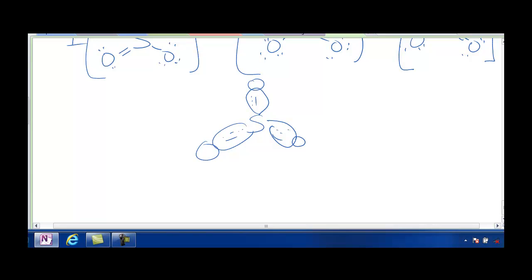So I have 3 negative clouds. That's it. I don't have any lone pairs. What shape do you think 3 negative clouds can take if they want to be as far apart from each other as possible? Trigonal planar. So I have a triangle, a good equilateral triangle.